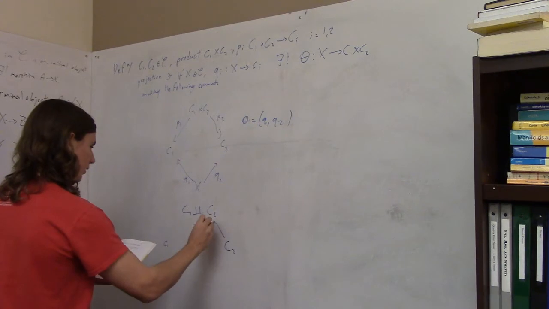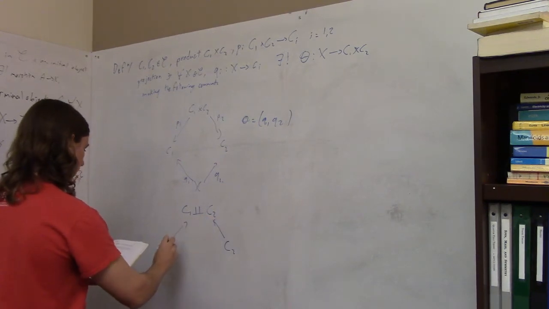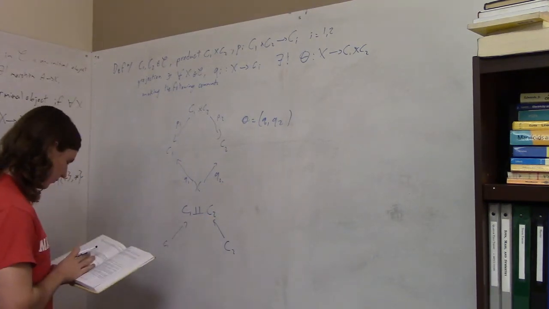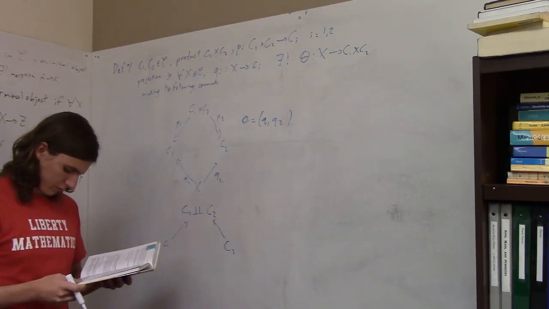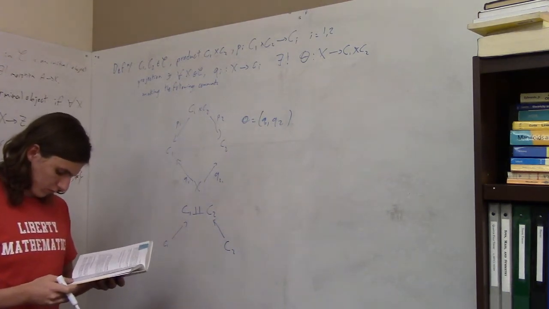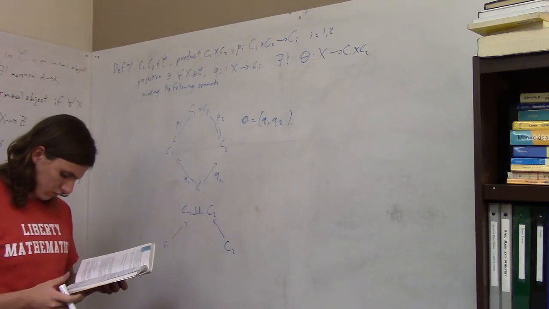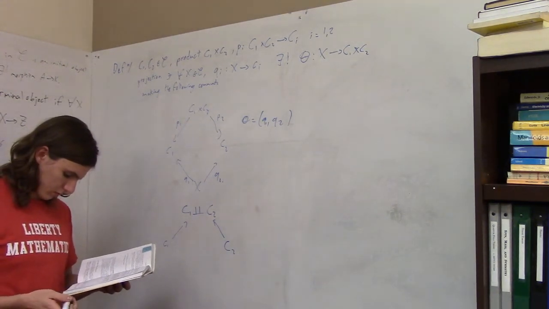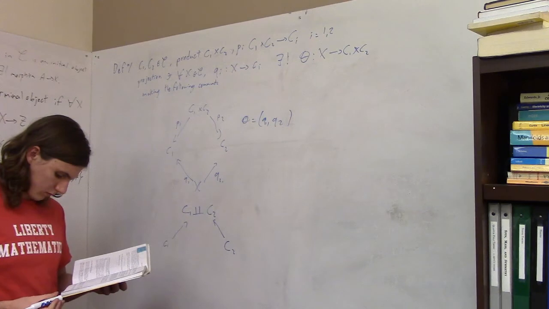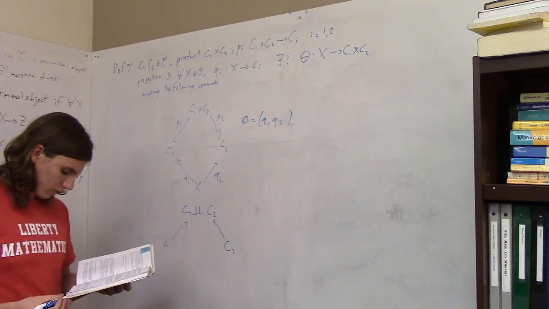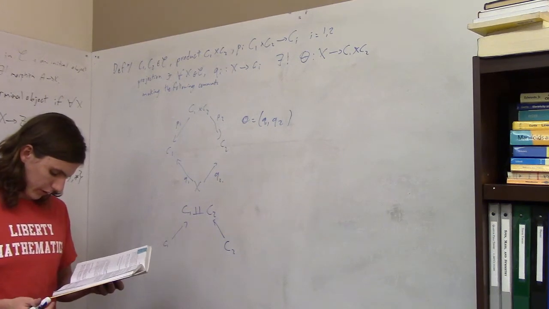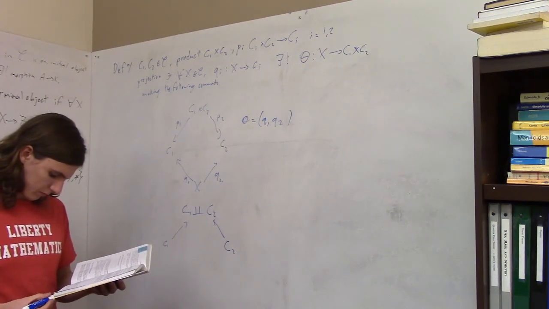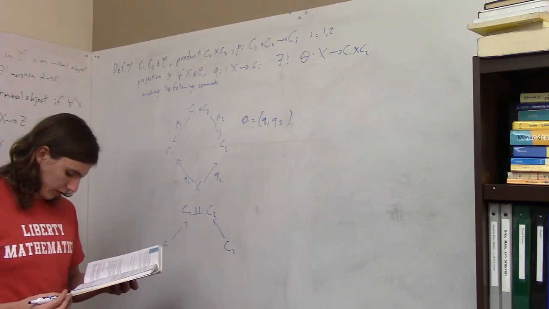What's the theta map in the case of sets? In the case of sets, the products are the usual Cartesian products equipped with the usual projections onto factors. If C1 and C2 are both the same set, then it basically just gives you the same thing twice.